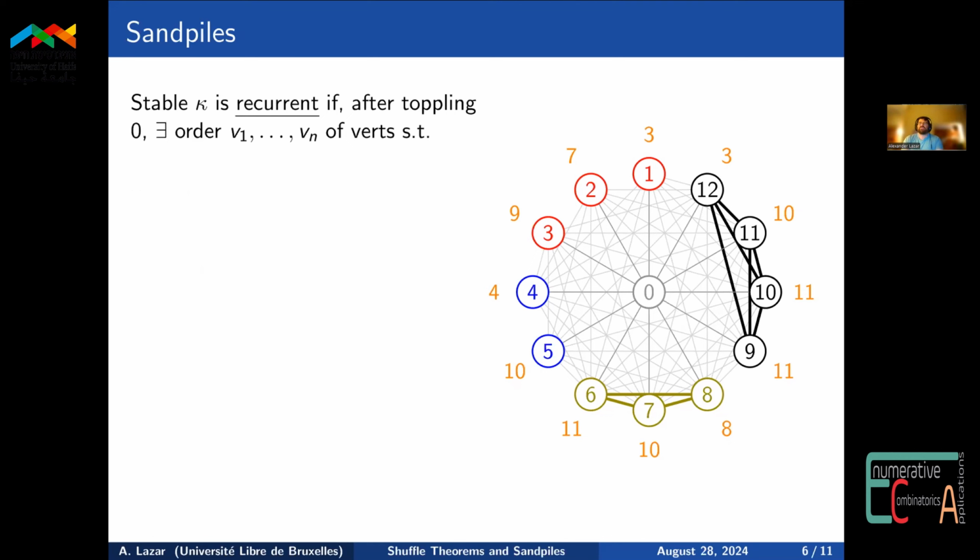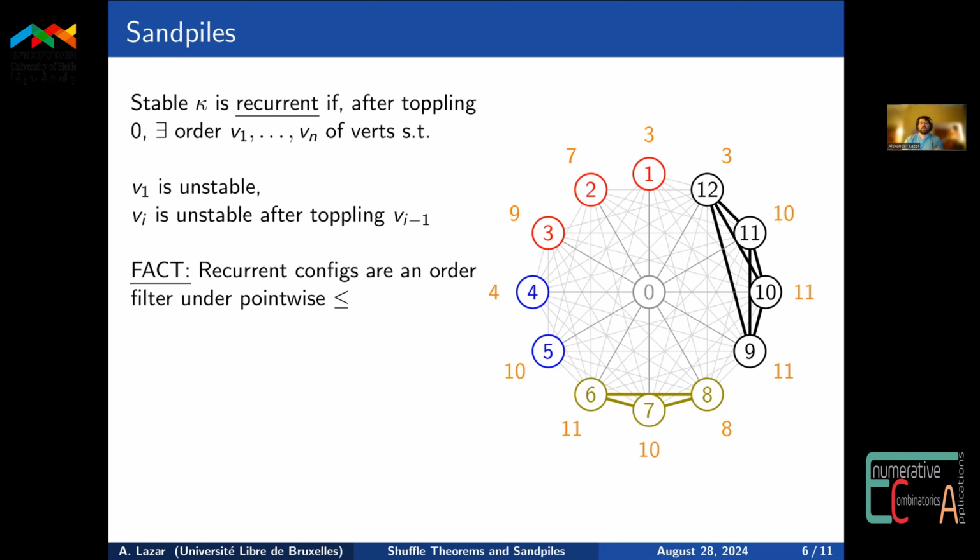And there's several different definitions of this. The one that we're going to use for this talk is the following. So we say that kappa is recurrent if after you topple the sink to make it unstable, there's some order v1 through vn of the non-sink vertices so that v1 is unstable and vi is unstable after toppling v(i-1). And you can check that once you've toppled all n non-sink vertices, you'll get back to your original configuration.